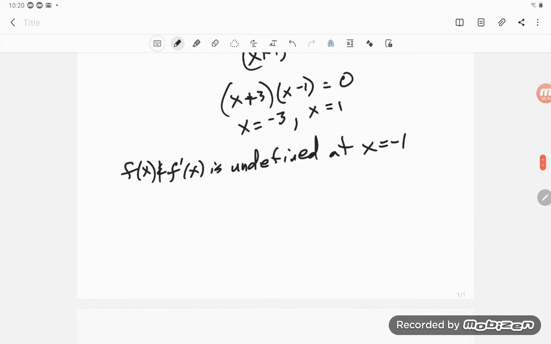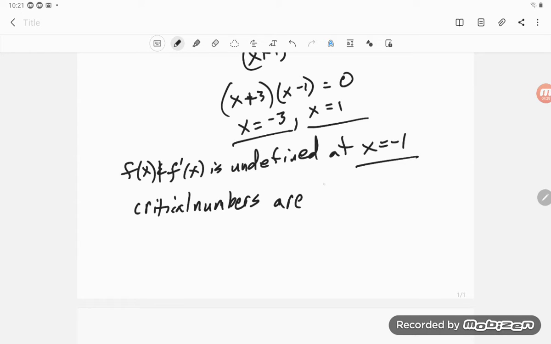But it is a critical point, or a critical number. And then we have where the derivative is 0. So we've got those 3 critical numbers. Okay, so critical numbers are negative 1, negative 3, and 1.